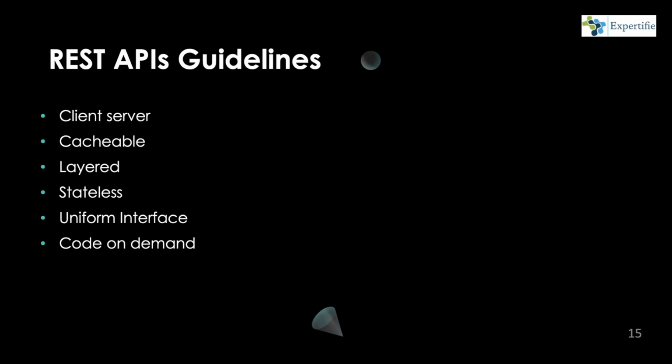Let's say if you want to access customer data, you would use the GET method to get that data. But if you want to delete that resource, then you would use the DELETE method, but the API endpoint would remain the same. Only depending on the functionality, the HTTP methods would change.